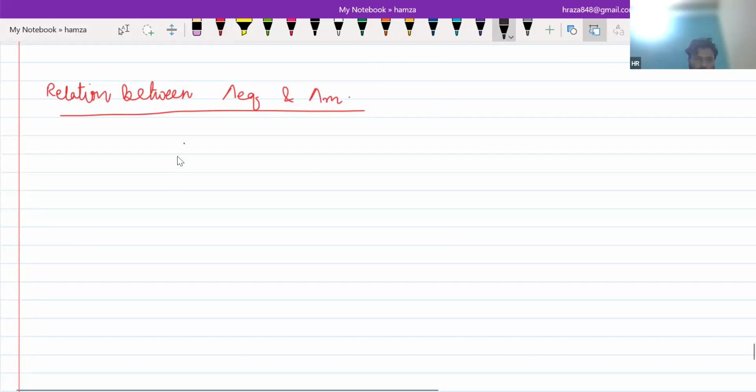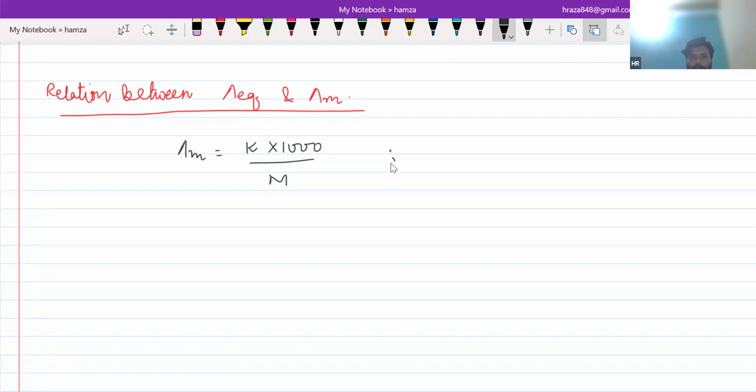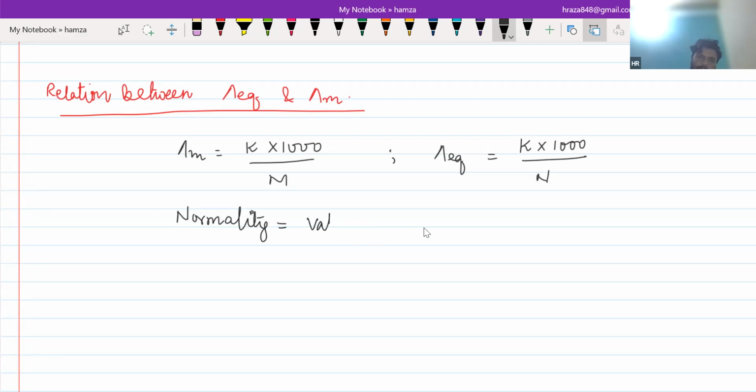So see, we already know that molar conductivity is equal to kappa into 1000 upon M, and equivalent conductivity is equal to kappa into 1000 upon N. So here we already know from class 11 that normality is equal to valency factor into molarity.